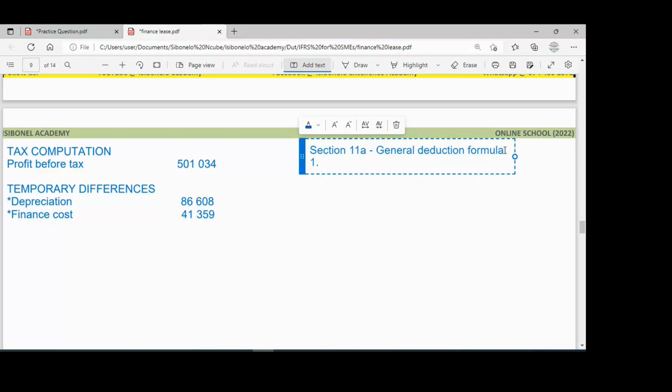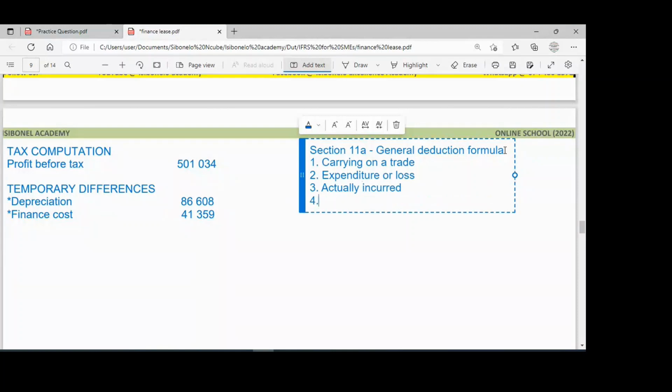So number 1, carrying on a trade. Number 2, expenditure or loss. Number 3, actually incurred. Number 4, during the year of assessment.